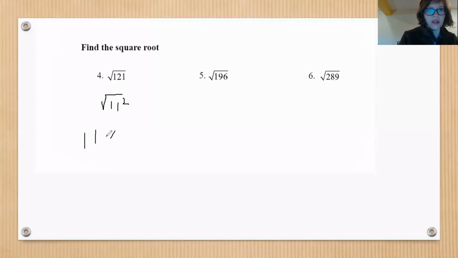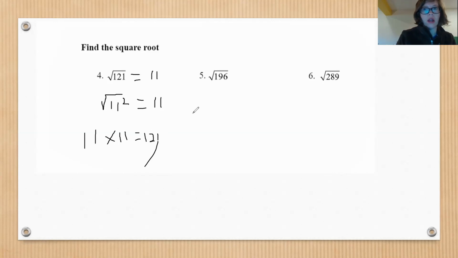So 11 times 11, you can check it on your calculator, gives me 121. So I know then that the square root of 121 is going to be 11, because 11 times 11 gives me 121. So the square root of 121 would be 11, okay?